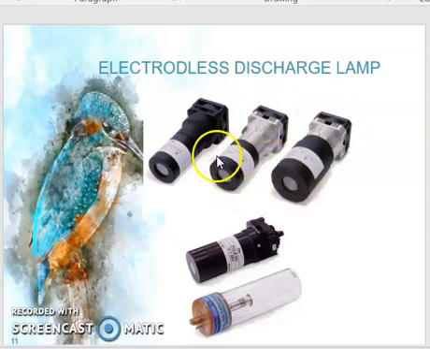Memang casing dia berbeza sikit sebab lampu ni biasanya mahal. Nak jaga durability bagi tahan lama, diletakkan casing yang sedikit tough, because dia punya material ni very fragile. Kalau pegang tak kena sikit boleh patah. The price can be up to 1,000 ringgit setiap satu, 1,000 lebih lah.